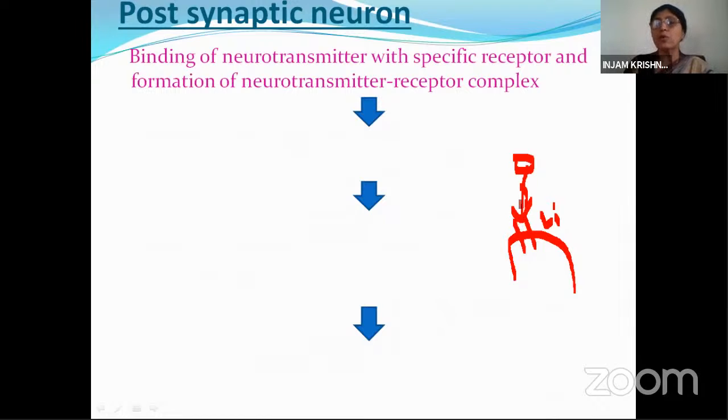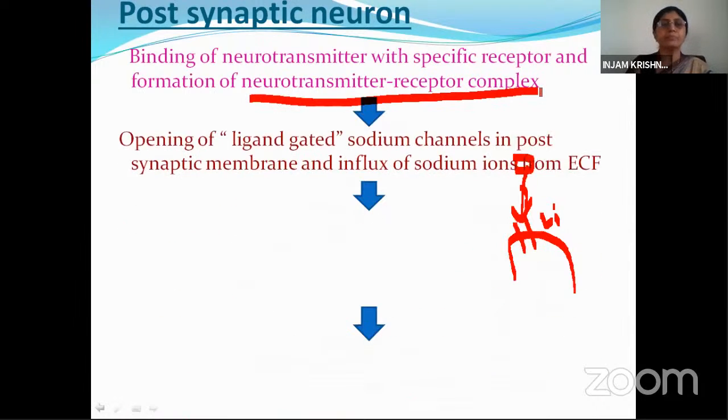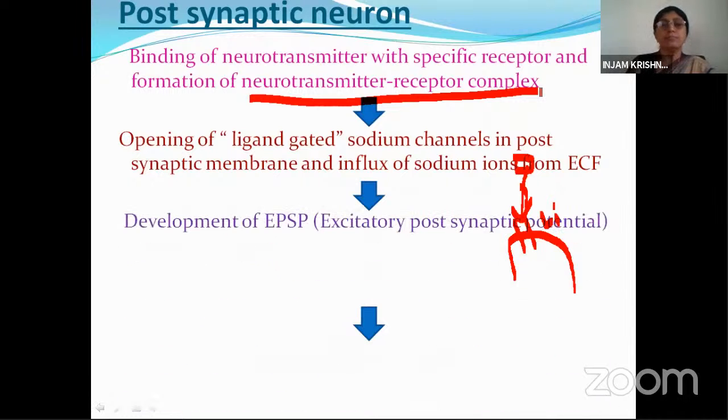When it receives the neurotransmitter, the receptor complex is formed. So there is opening of ligand gated sodium channels in the post-synaptic membrane and influx of sodium ions from ECF. So now what will happen again? Same process. Action potential has to be generated.